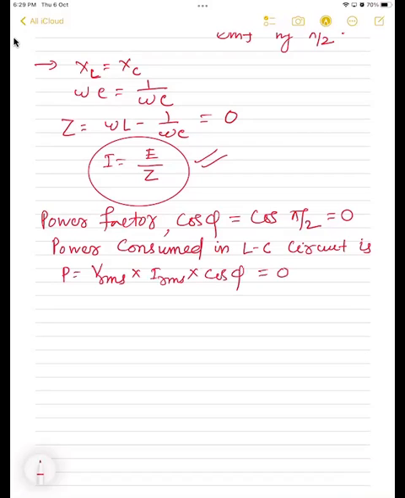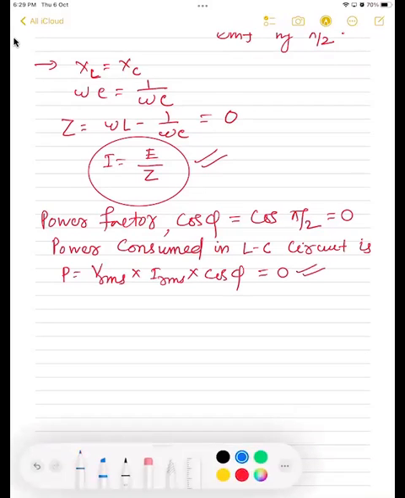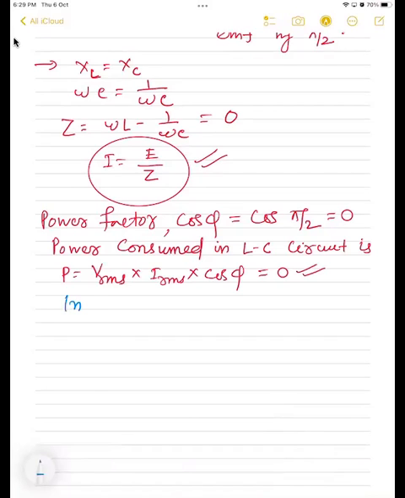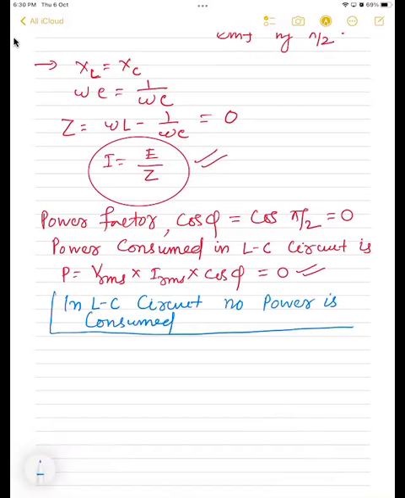So power is equal to 0. So one point we can conclude here: in an LC circuit no power is consumed.